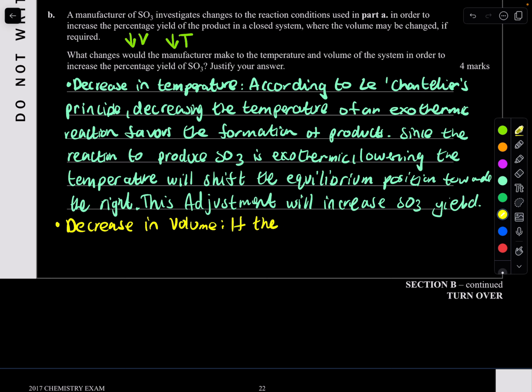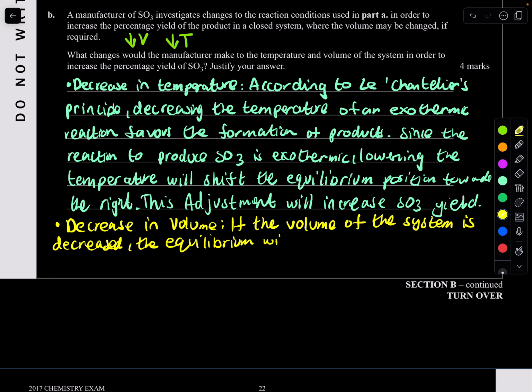If the volume of the system is decreased, the equilibrium will shift in the direction that produces fewer moles of gas.